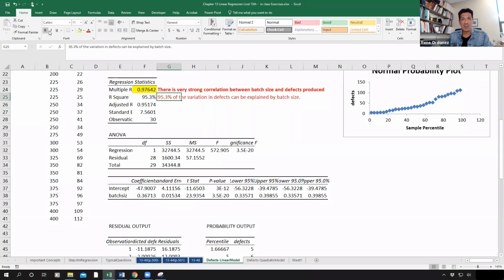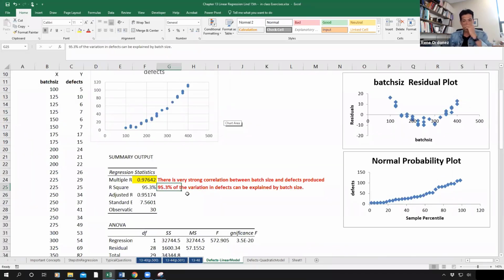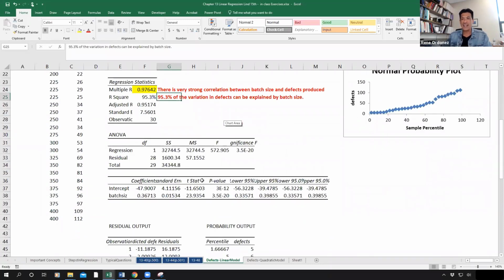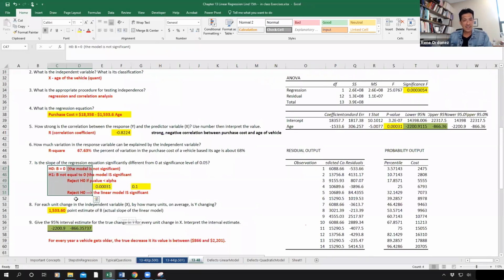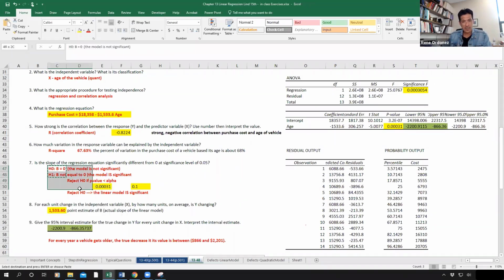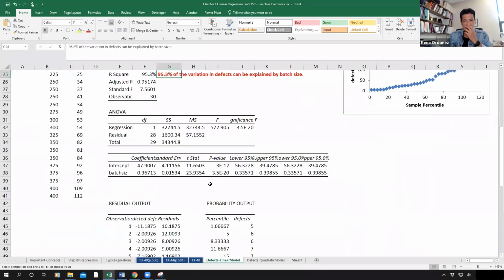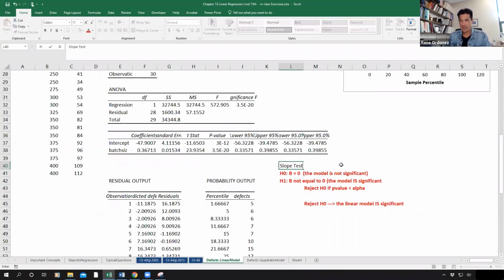Okay, that makes sense because if you look at this plot here, it's a very pronounced relationship, right? Now, how significant is it? So if we did the slope test, what's the p-value?